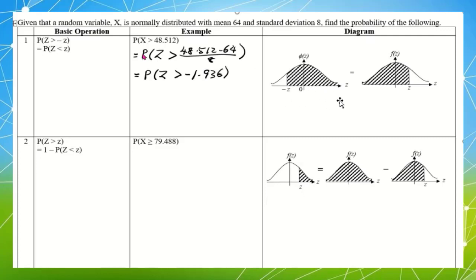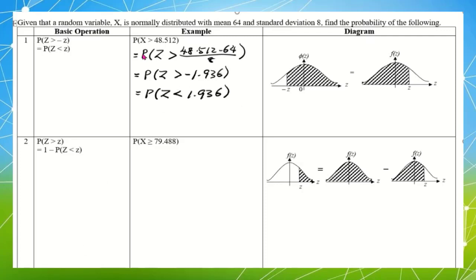Because when we look at this diagram, the area greater than negative z actually is same as the area less than a positive z. So, therefore, when I change negative value to positive value, I get z less than 1.936. So now here I can see that I'm ready to use the table.